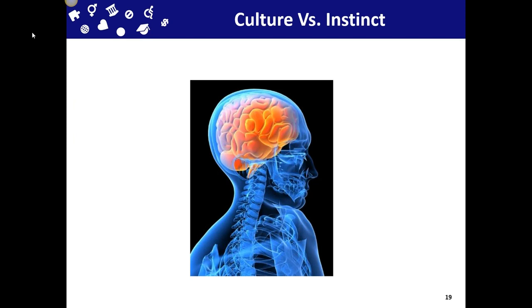We as human beings, particularly when compared to other animals, have very few instincts, and we couldn't survive without culture. In fact, that's why language is the most important component of culture, because language is what allows us to pass down culture from one generation to the next. And we need that.